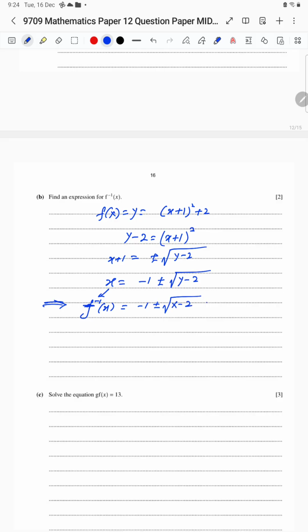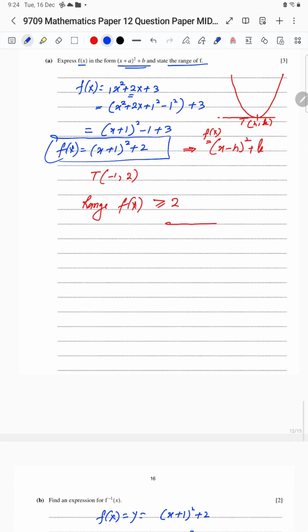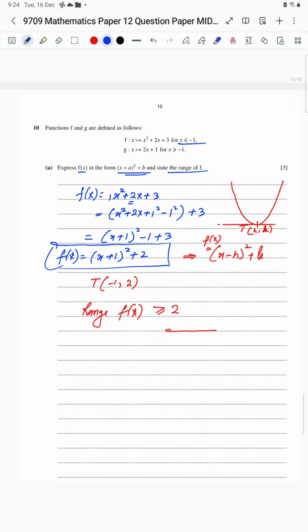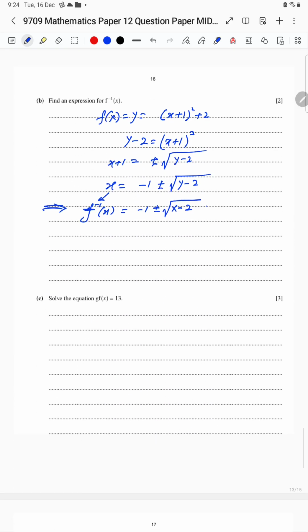Now you need to be specific, as the domain of f of x was x less than or equal to minus 1. So accordingly the result must be less than or equal to minus 1.